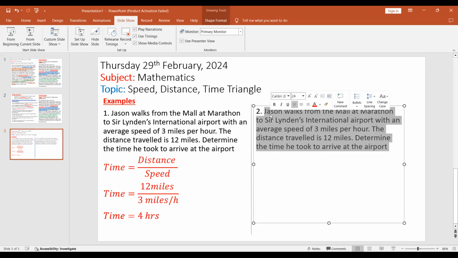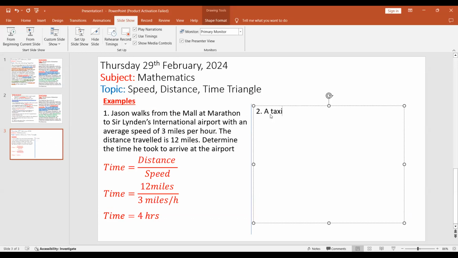Clement, are you there? So a taxi driver carries his passengers from California to Indianapolis.